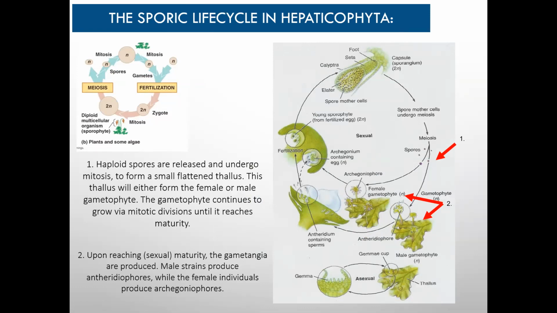It grows and produces these gametangia via mitosis and remains haploid.